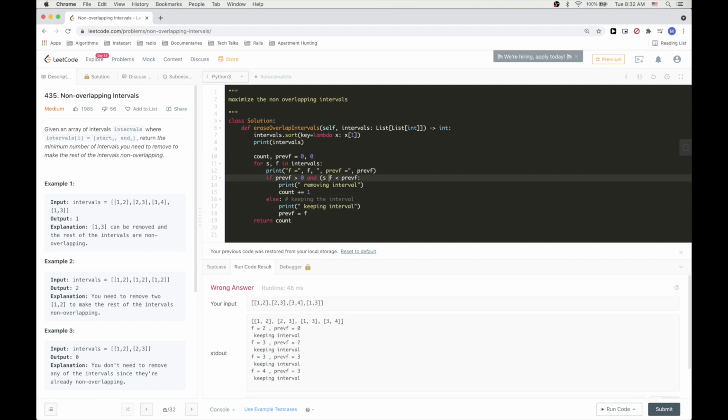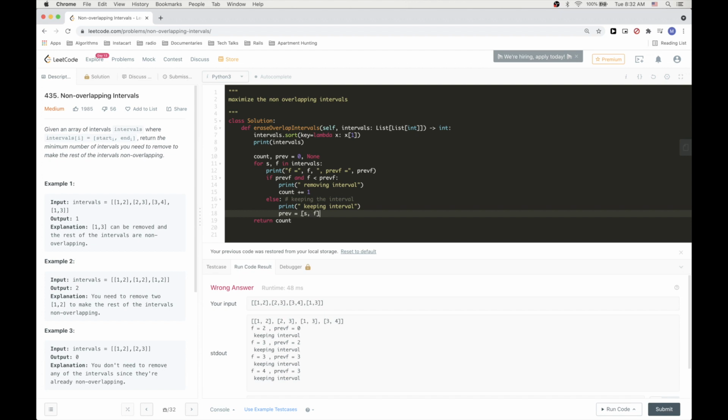We need to keep both start and end, so let's call prev none first, and prev is going to be equal to the interval.